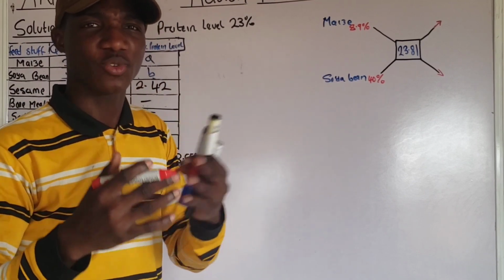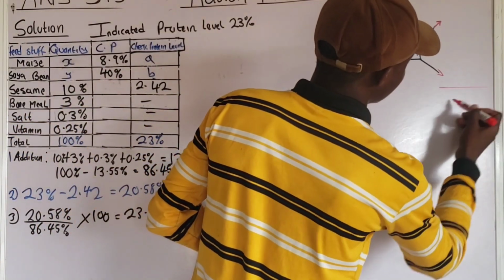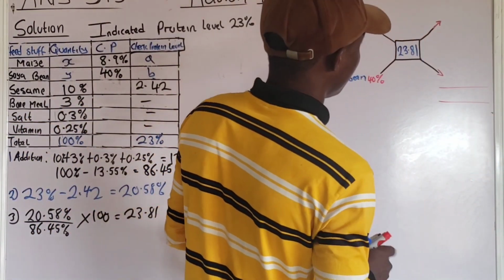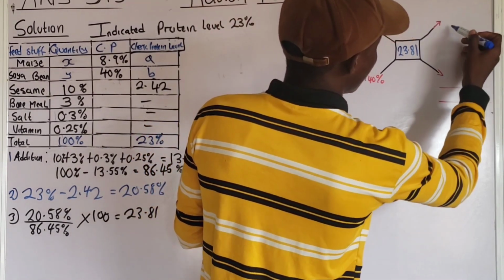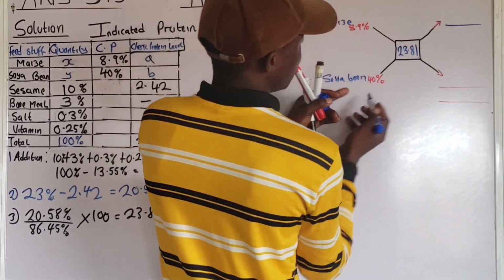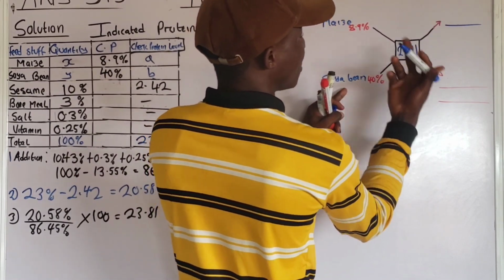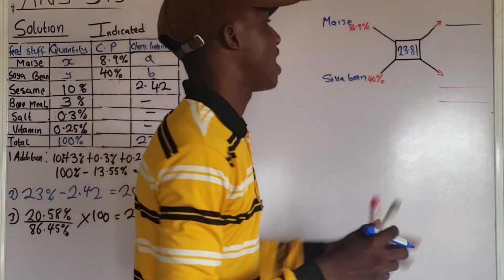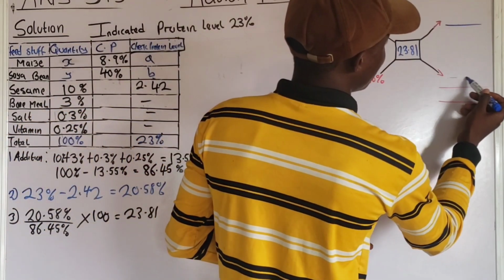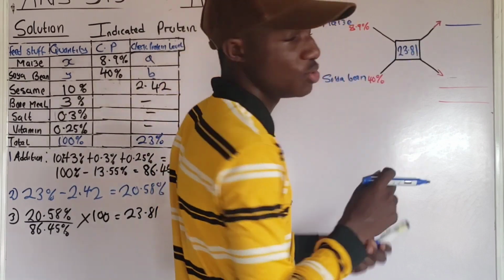We want to get two values, one value here and another value here. To get the value here, that will be the difference between what you have here and what is inside the box. The positive difference is what we're going to add here. And the value that will be here will be the positive difference of this and this. Do you understand?